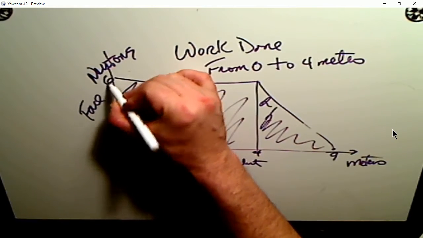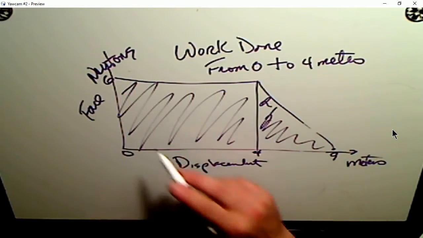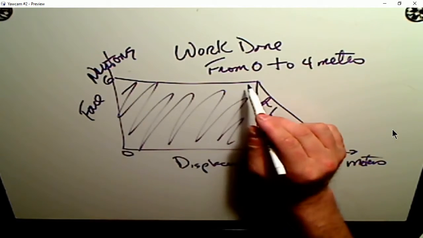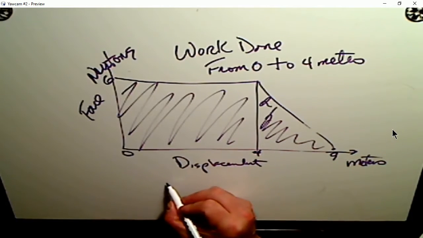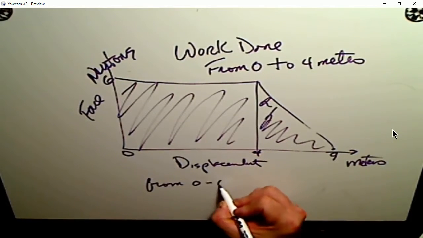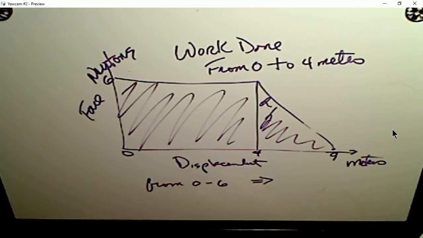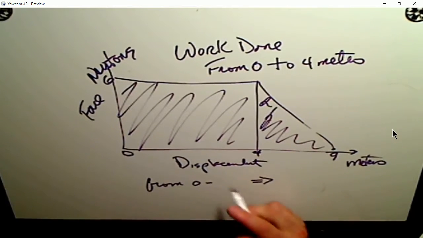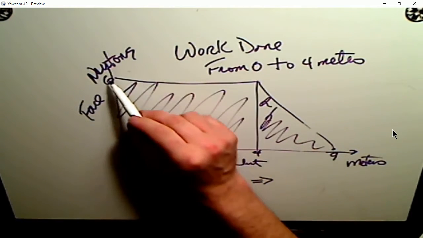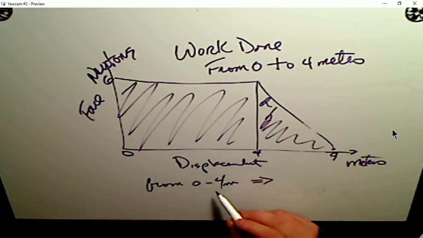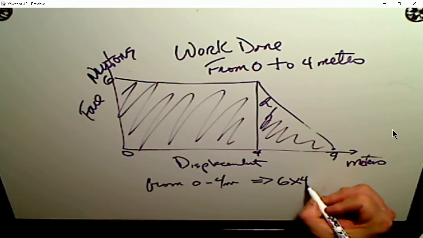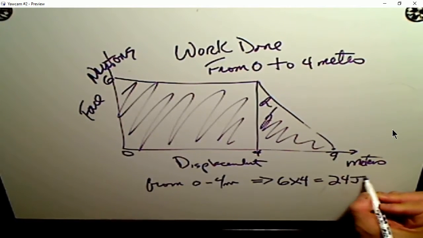If I'm up here at 6, what is this area? Well, obviously it's just a block here. The work done from 0 to 4 meters, starting at 6 and staying constant at 6 for those 4 meters. Well, it's 6 times 4, 24 joules.